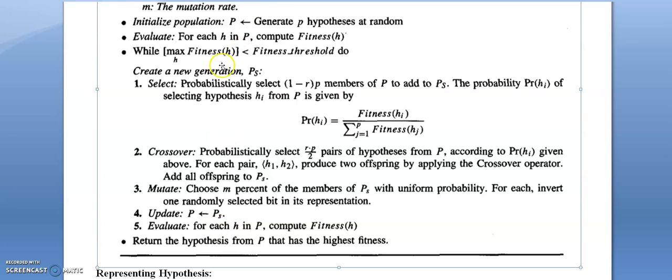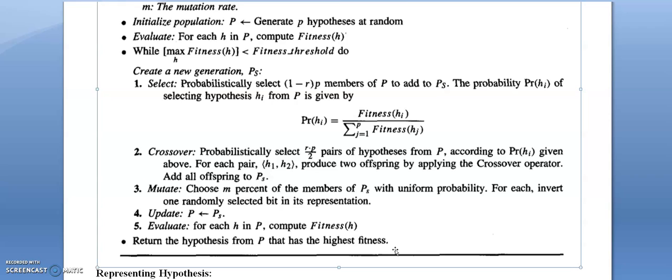If it meets the given criteria, then we will exit the loop. Otherwise we need to repeat this procedure until the loop is exhausted or the termination condition is met. Okay, at the end we will return the hypothesis from P that has the highest fitness value.